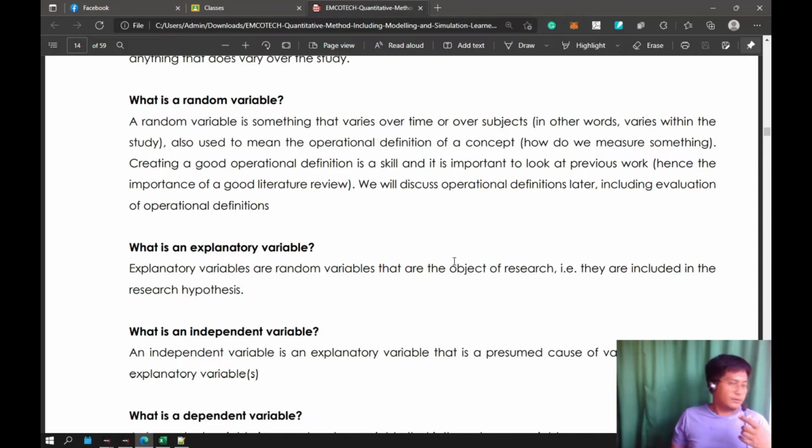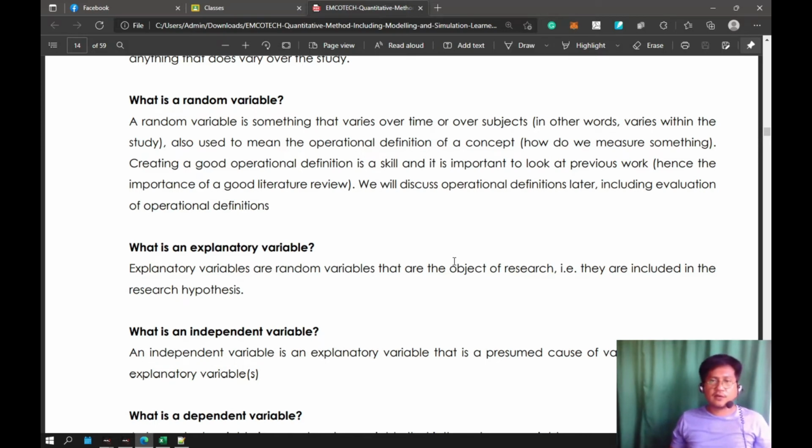So when you say random variable, it changes over time. As you go on to the process of research, it changes. Maybe the first time this thing is being researched, this is the value of this variable, and then over time another researcher used that theory or that method and looked into almost the same concept of research, and then this variable has changed, and then as to your current research, it changes over time.